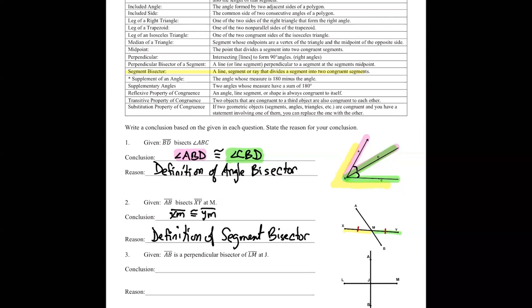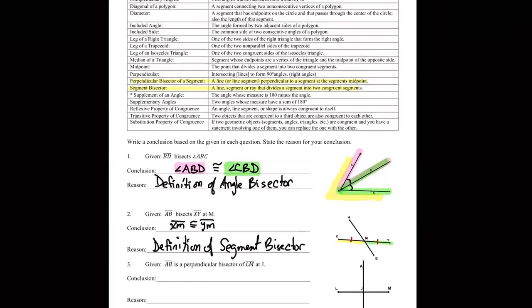They said in number 3, AB is a perpendicular bisector of LM at J. So right above the one we just used is another one, perpendicular bisector: a line perpendicular to a segment at the segment's midpoint.